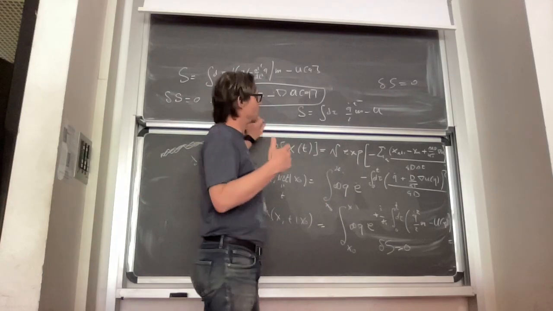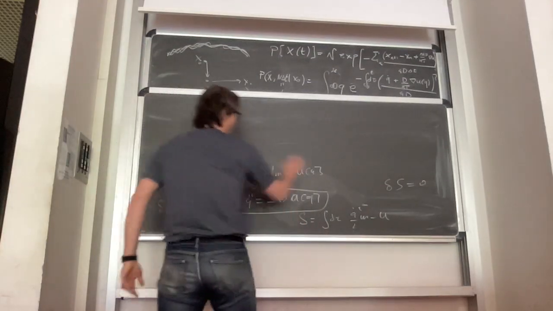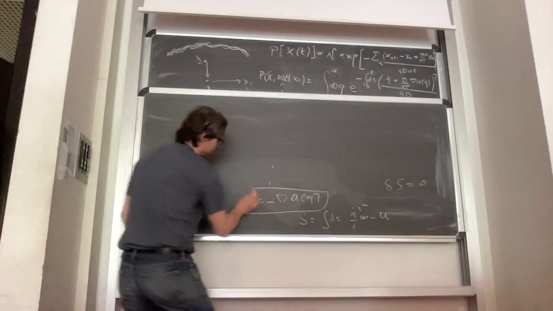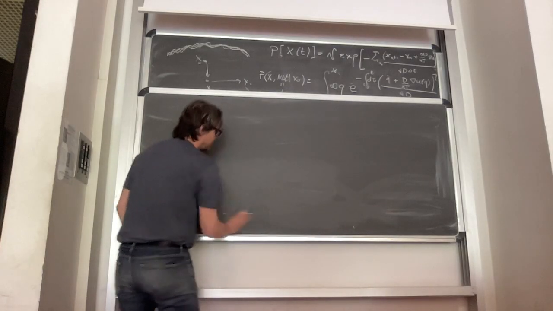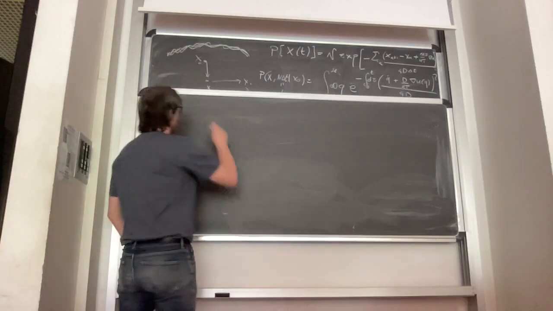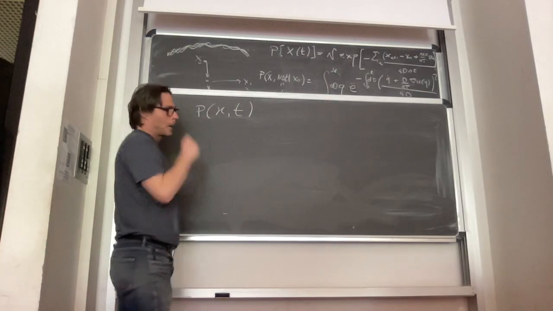Let me rephrase this because this is a very important point. Based on everything that we have discussed so far, we have two completely equivalent ways to compute the probability to find the particle at point x at time t. That's our goal.